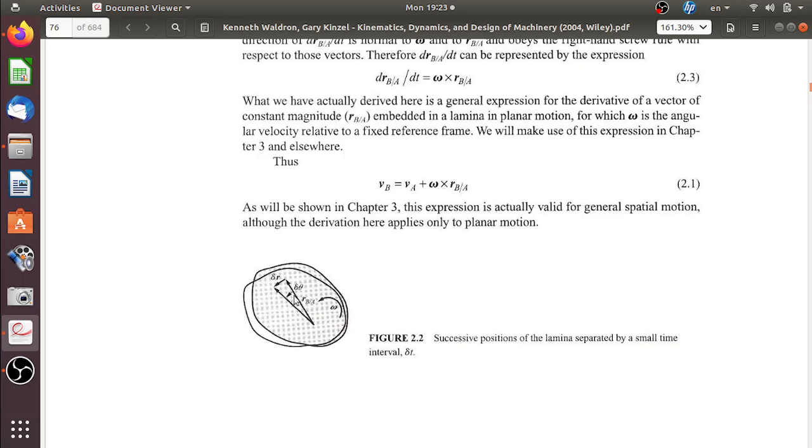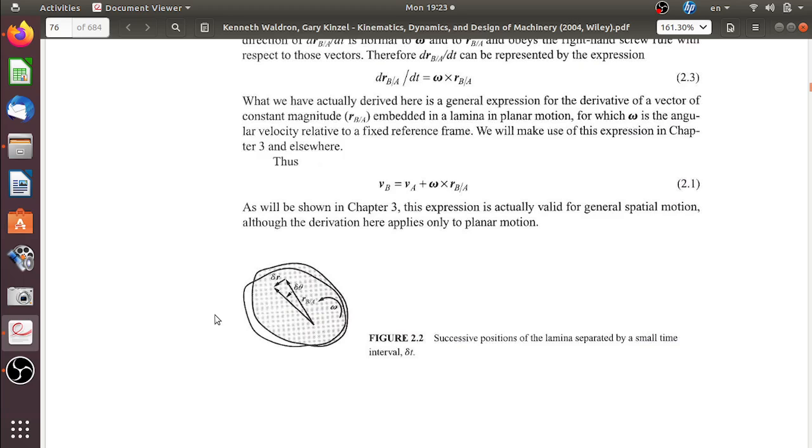The difference is this vector, and the angle between the new RB/A and old RB/A is delta theta.